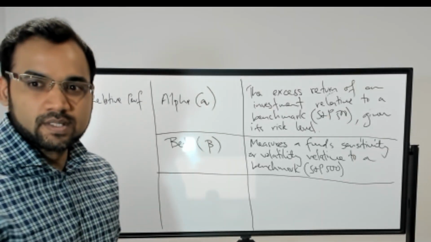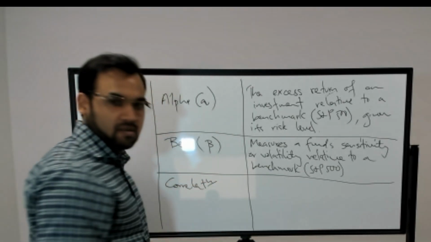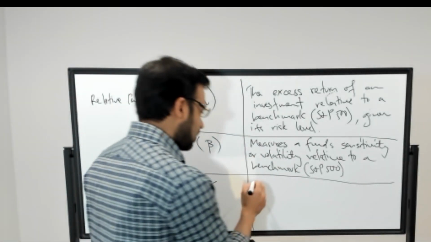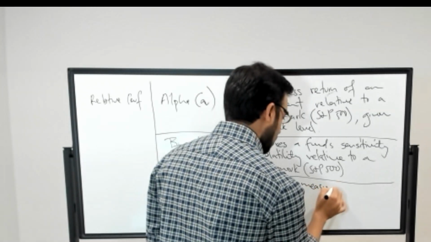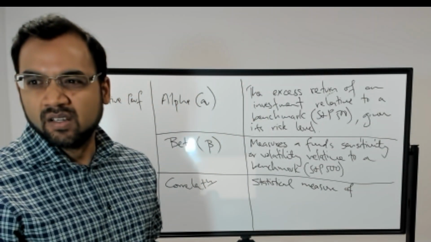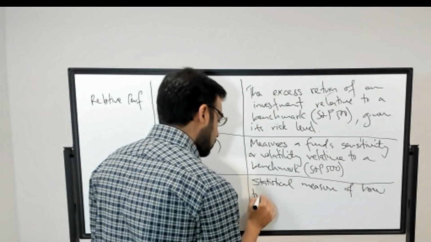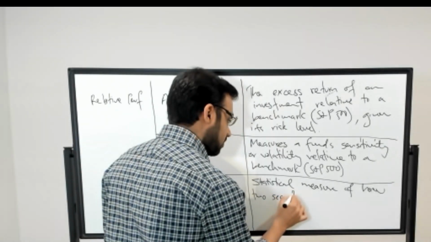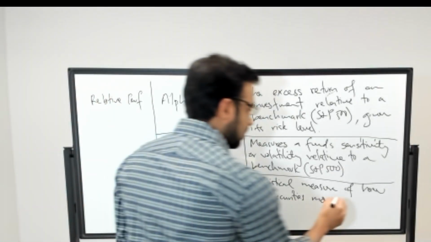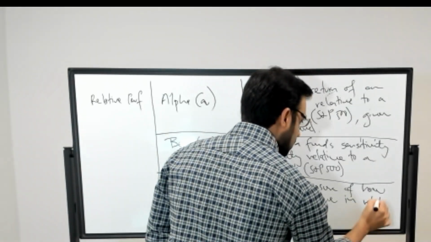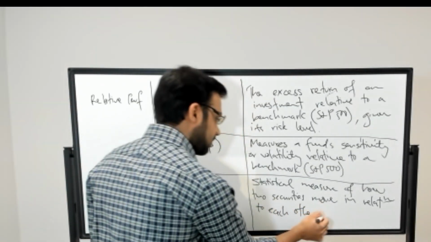And one more, we could do one more in this, and that would be correlation. Correlation, it's a statistical measure of how, let's say, two securities move in relation to each other.